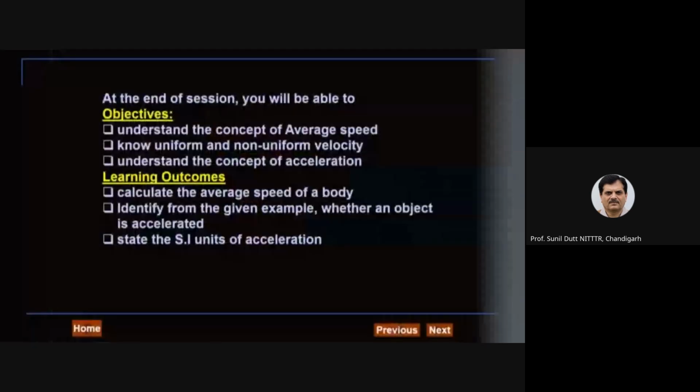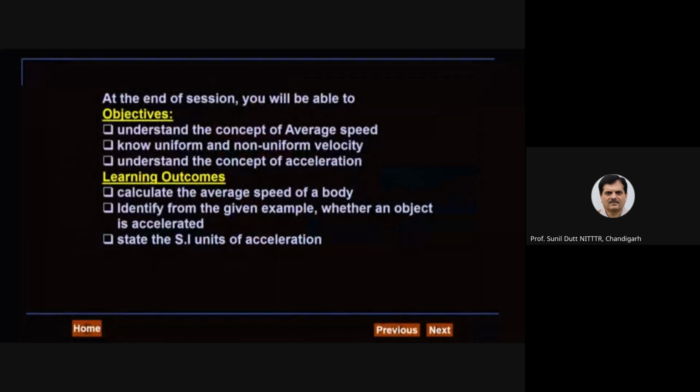So, uniform and non-uniform velocity. Now let us start. As already informed, the first screen will display the instructional objectives. That is, at the end of the session, you will be able to. There are two types of objectives written. One is the broad objective and second is the learning outcomes.